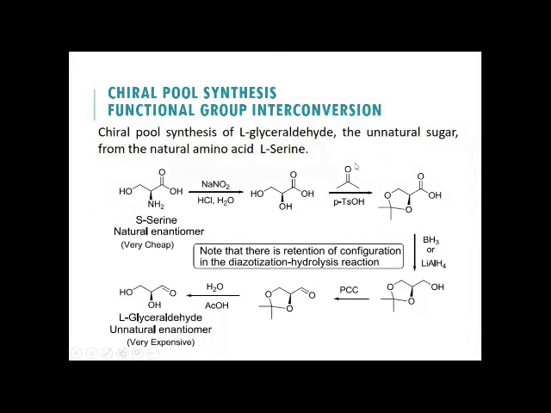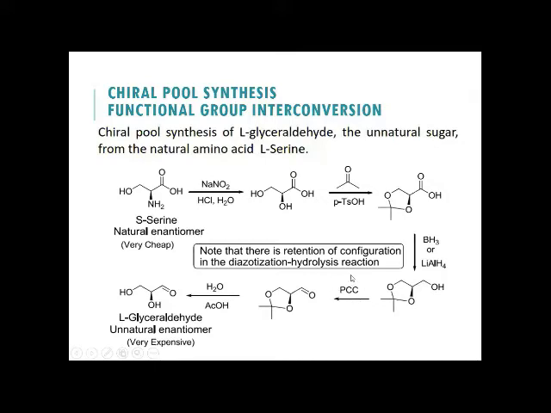Now by using acetone and tosyl alcohol, ring cyclization takes place between these two hydroxyl groups. Then BH3 and lithium aluminum hydride, both reducing agents, will reduce this keto group to CH2.